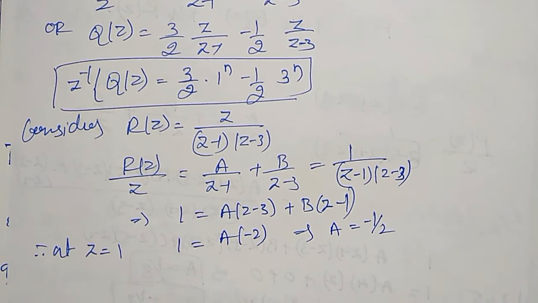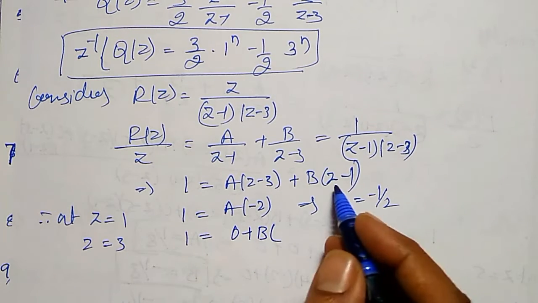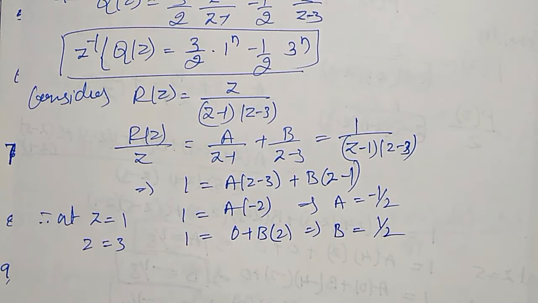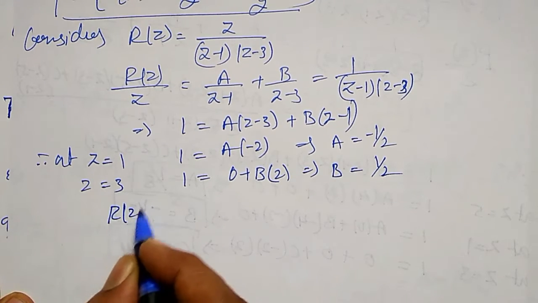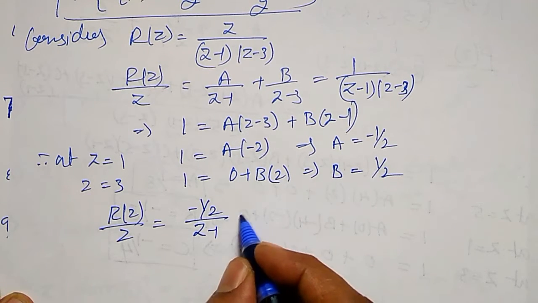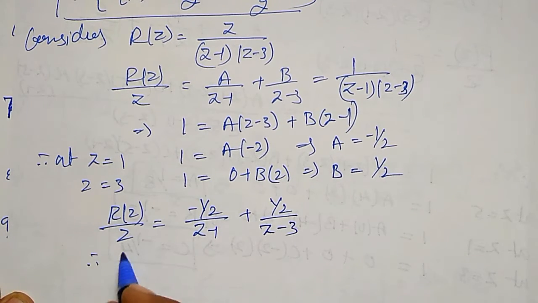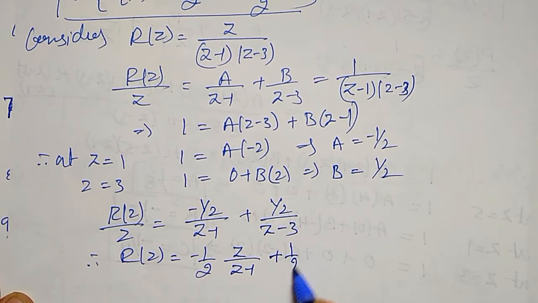Next, at z is equal to 3, 1 is equal to 0 plus b into 3 minus 1, which is 2, which implies b is equal to 1 by 2. Therefore, to find its inverse transform, r of z divided by z, I can write as minus 1 by 2 times 1 divided by z minus 1 plus 1 by 2 times 1 divided by z minus 3, or r of z is equal to minus 1 by 2 times z divided by z minus 1 plus 1 by 2 times z divided by z minus 3.